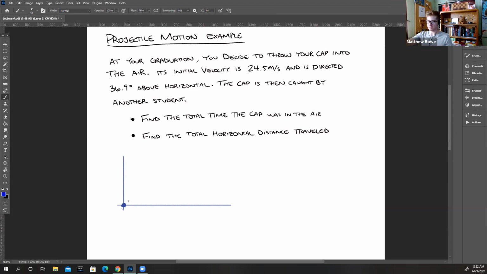So right when someone tosses the cap, that split second when they let go, that is the origin where initial distance in the x direction is 0, initial distance in the y is 0, and for completeness, it's also right when the time starts. So think, right as it is let go, 0.